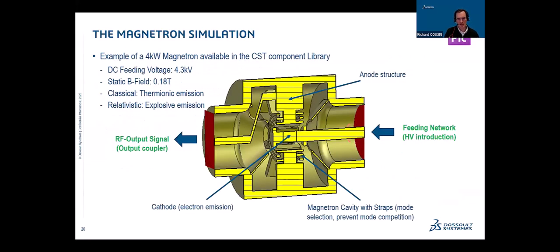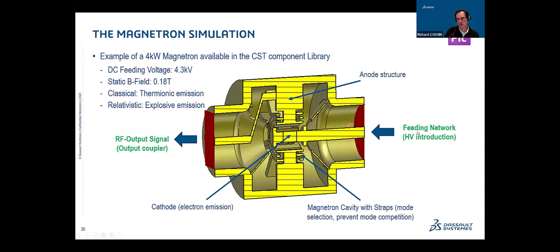So let's analyze real examples that we can also consider here in our tools. You have here an example of a 4 kilowatt magnetron, and you can easily find it in the CST component library. You have a DC feeding voltage of 4.3 kilovolts, which is introduced in this area. This can also be formed using the circuit simulation.